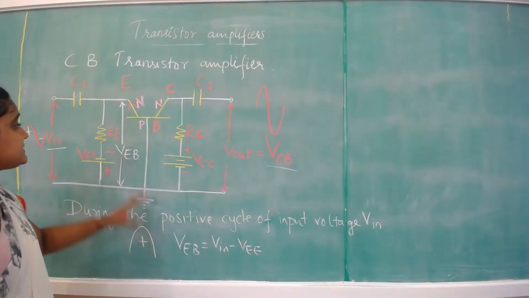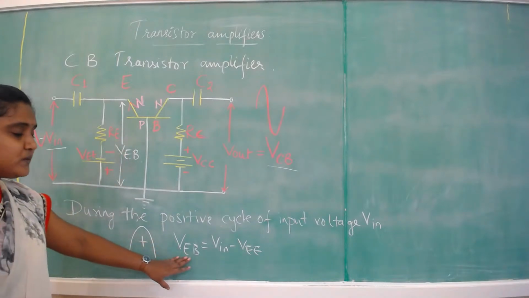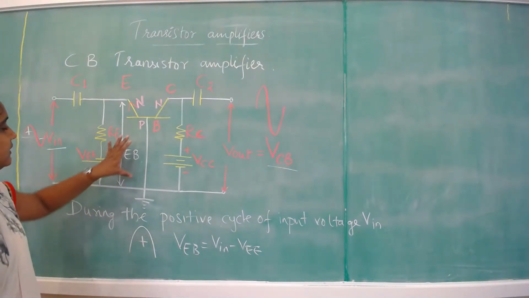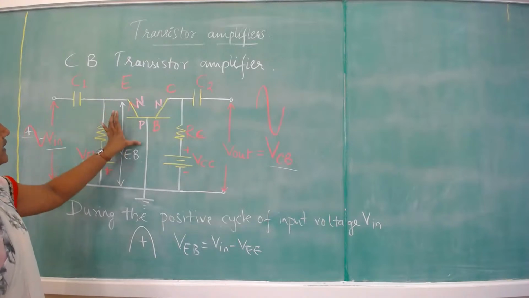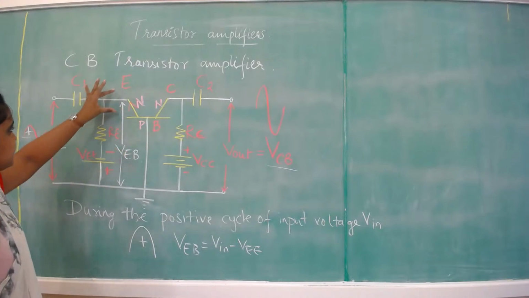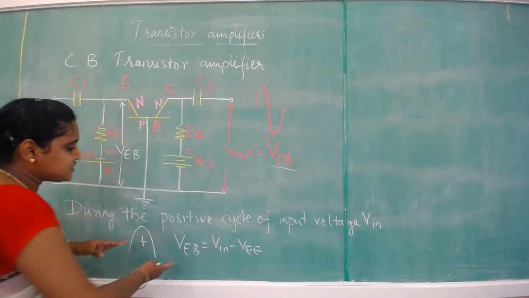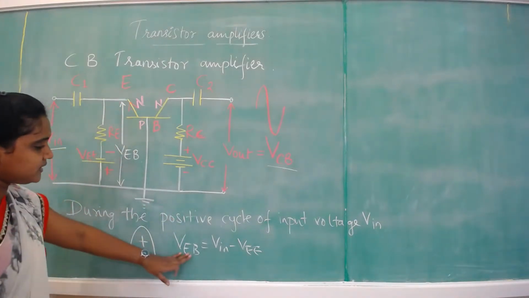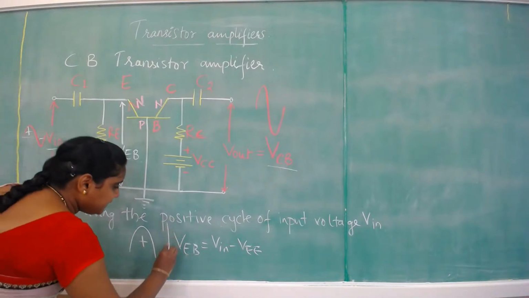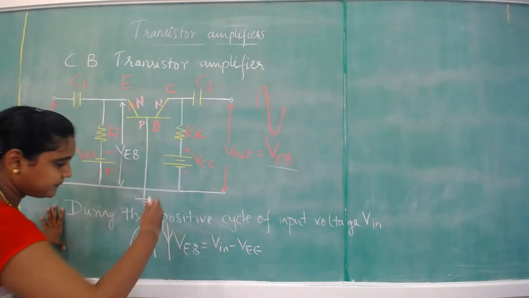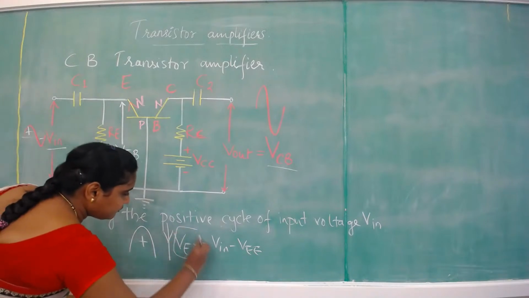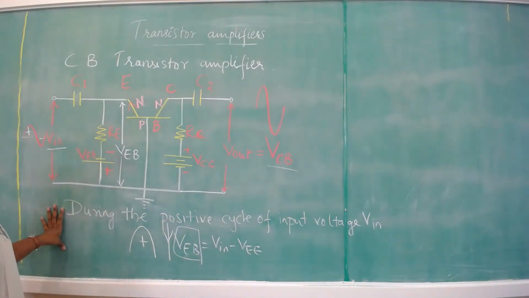That means the reverse bias voltage VEB decreases. The voltage across the emitter to base, the net effect is such that it decreases. So the total value of VEB comes down.